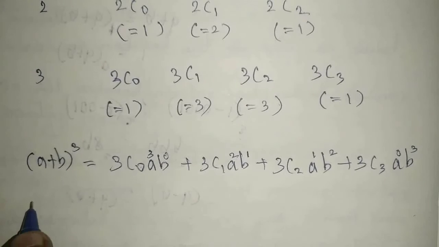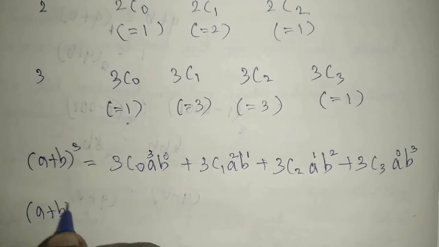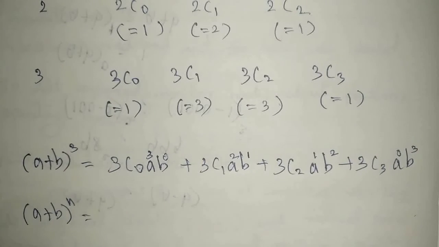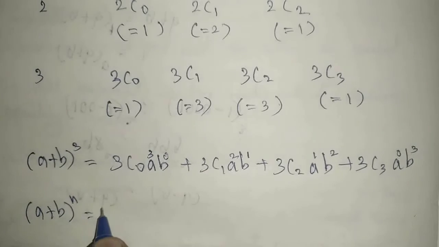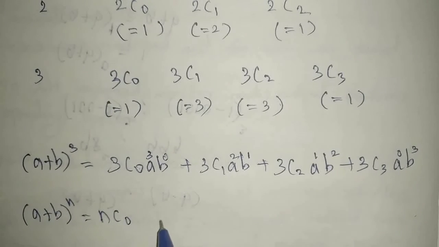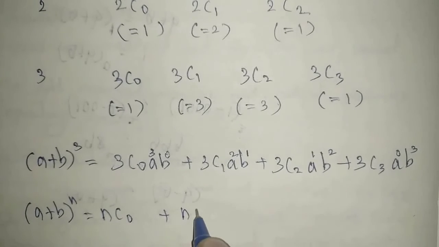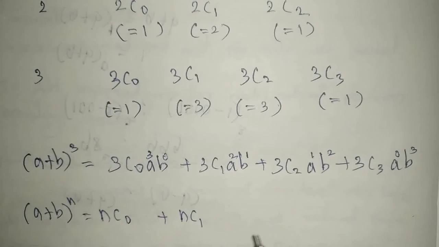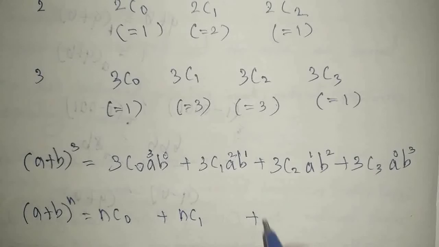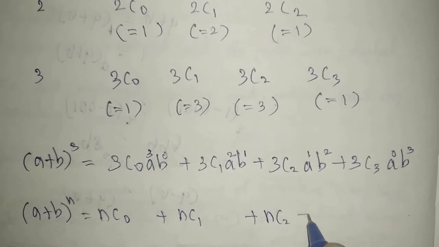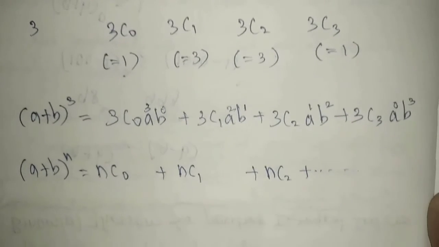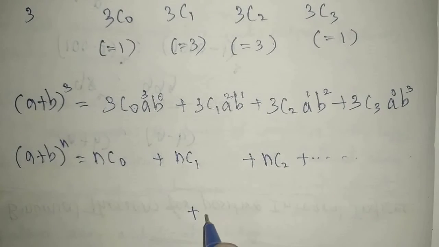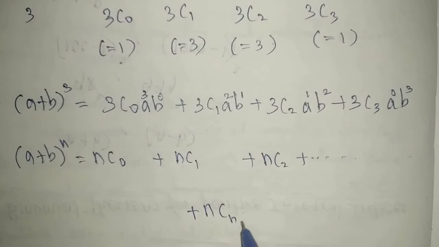So likewise for the general term, suppose a plus b whole to the power n, then how will you write, that is the concept. First we have nC0, next nC1, and next nC2, up to, it will continue as a long process, plus nC(n minus 1).